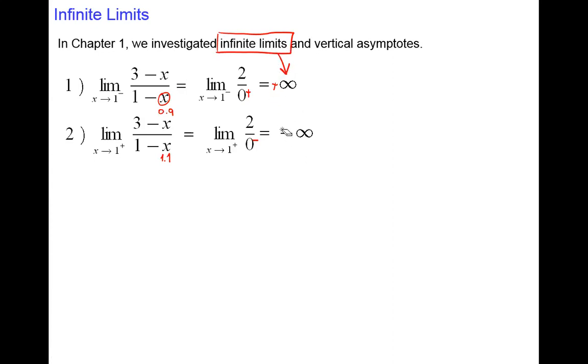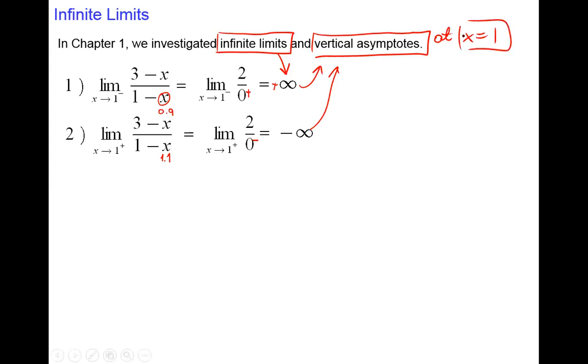Infinite limit is showing me infinite discontinuity, and this is always the way to find a vertical asymptote. This is telling me that we have a vertical asymptote at that number. Okay, that means if the limit is an infinite limit, this will be the vertical asymptote.